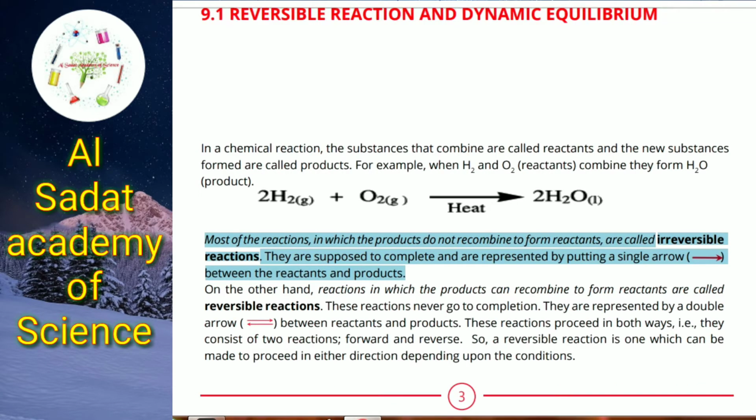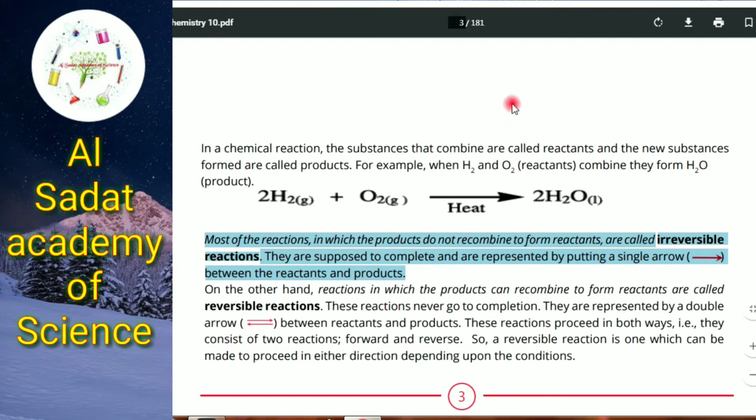This is the definition. Most of the reactions in which products do not recombine to form reactants are called irreversible reactions. They are supposed to complete and are represented by putting a single arrow between the reactants and products.